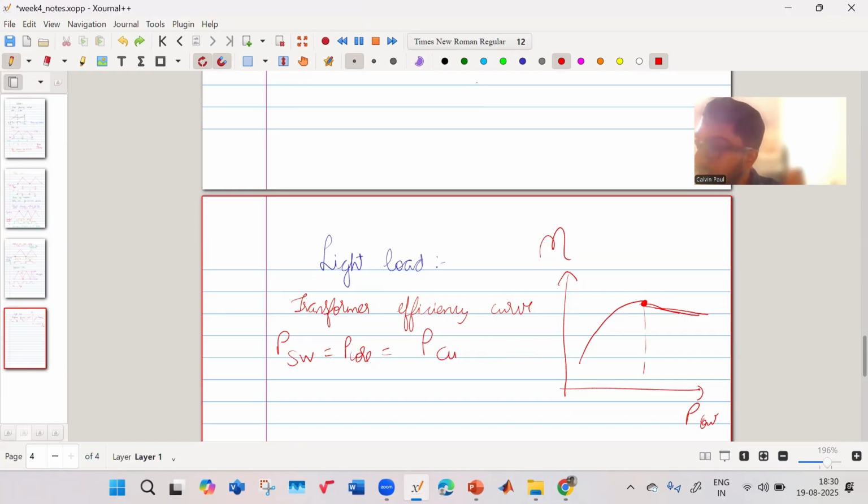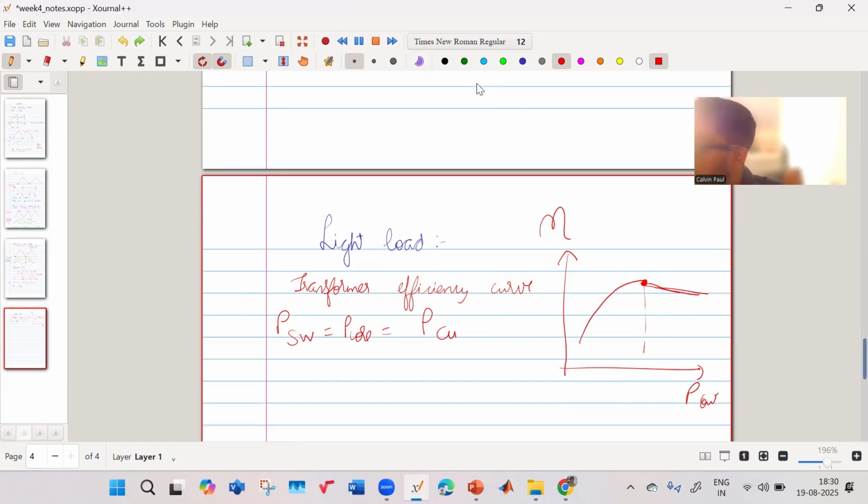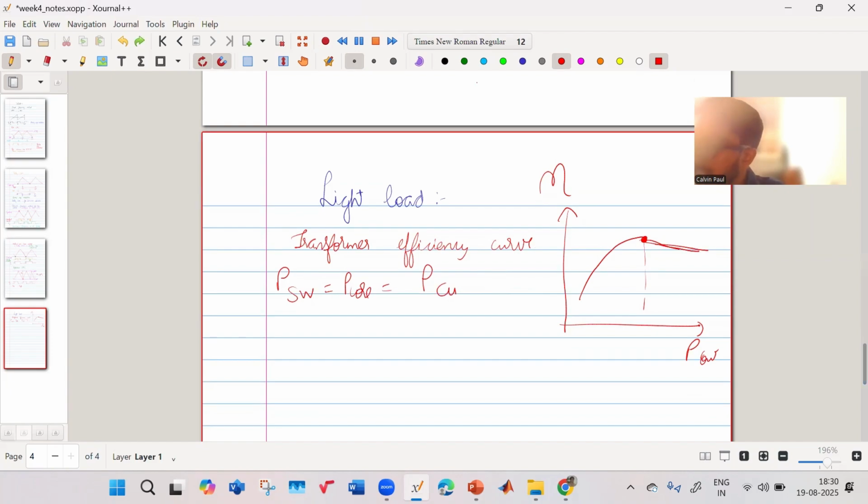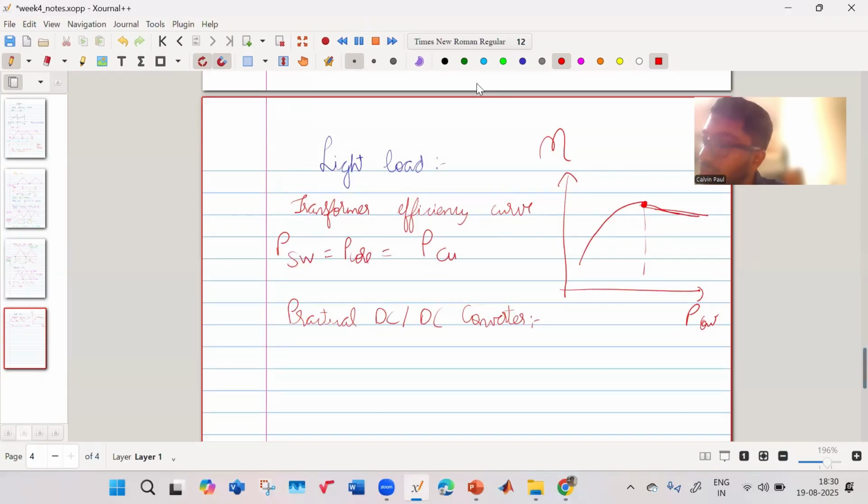So that means in a practical DC to DC converter, which is the topic of this NPTEL course, you can have buck, boost, anything. You have mainly two types of losses. One is your conduction loss.